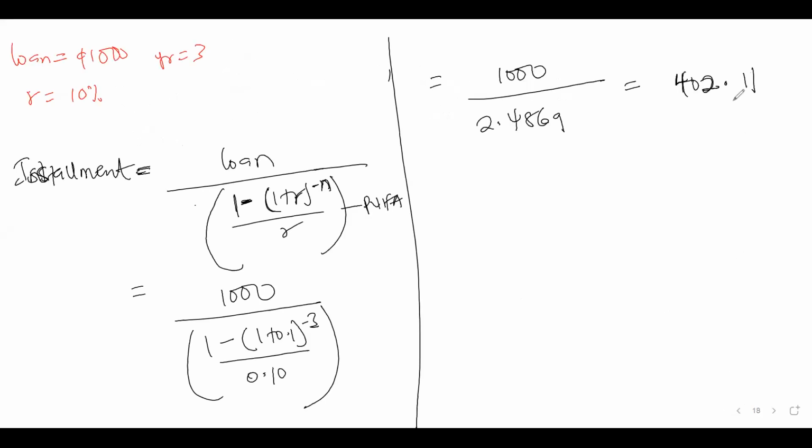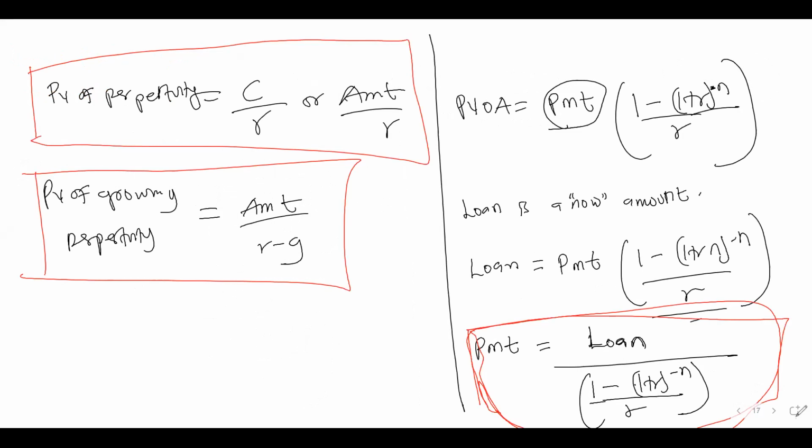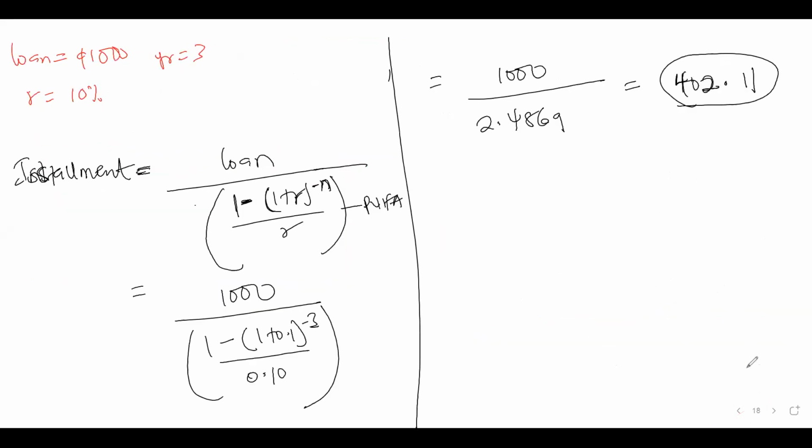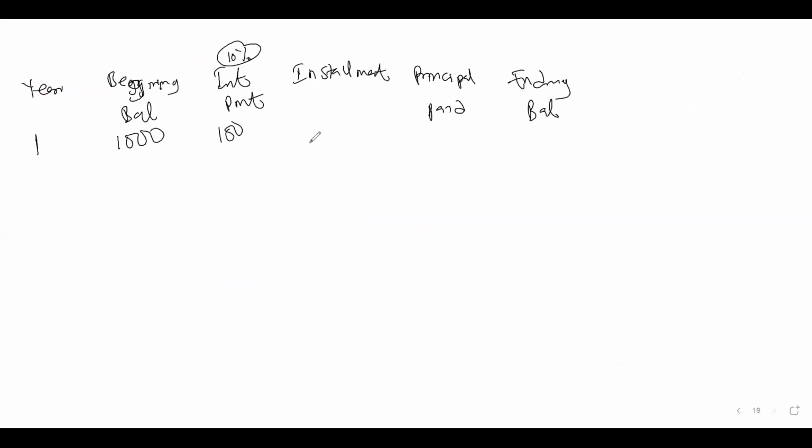But every year we are paying an installment of 402.11. If you like, you can write it down for all the 3 years. It's the same.